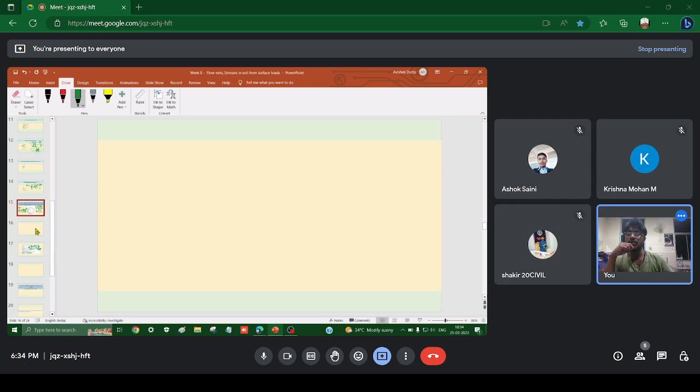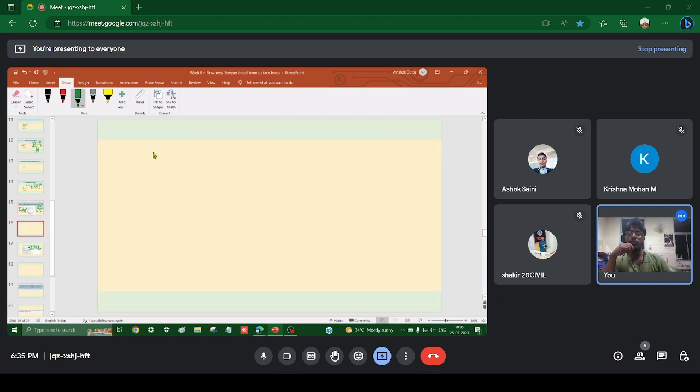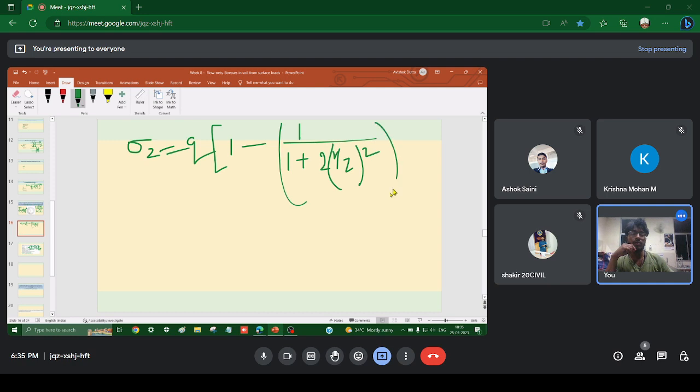Yes. So this is eta you have got. So if you put the value of root over of half over here, what will you get? You will get sigma z equals q into 1 minus 1 divided by 1 plus 2 into r by z whole square, whole to the power half.